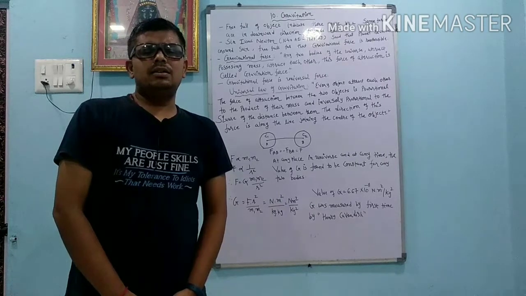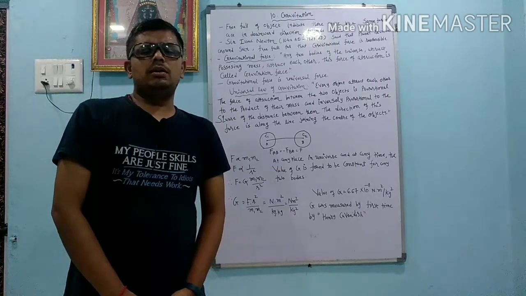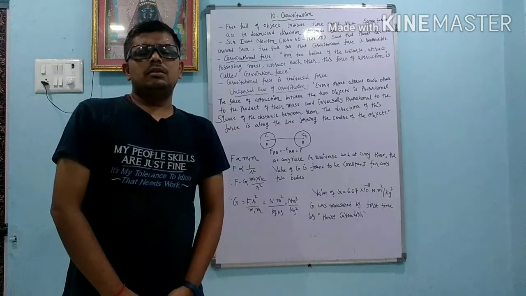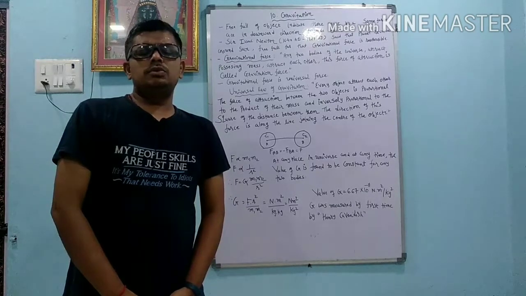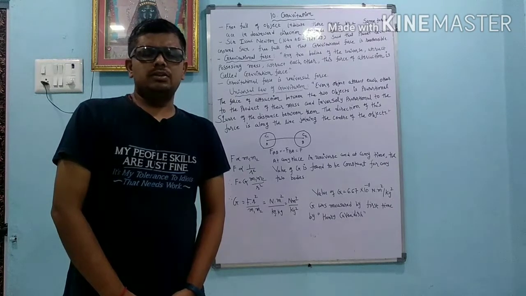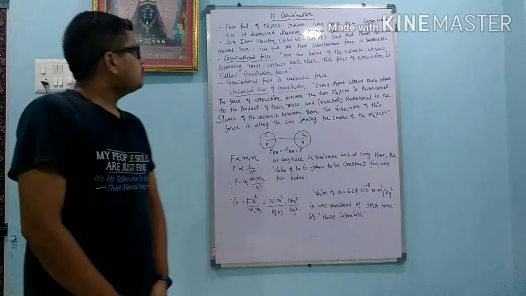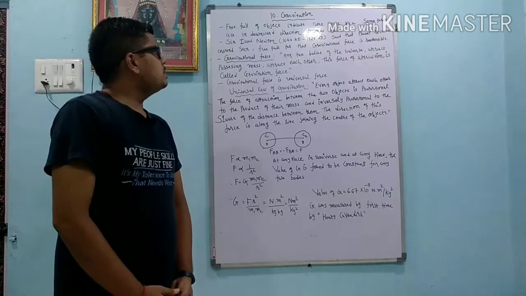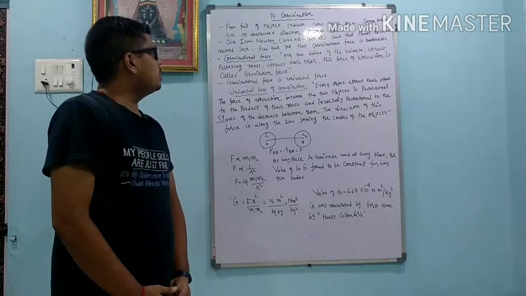Then he thought, why does this apple not go in the upward direction and why does it go in the downward direction? To get the answer, he found that gravitational force is responsible for the apple going in the downward direction. Okay.